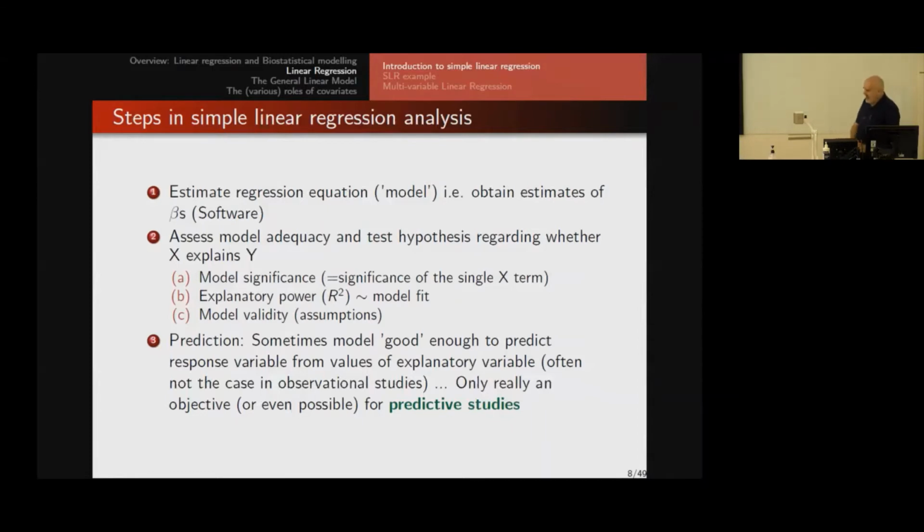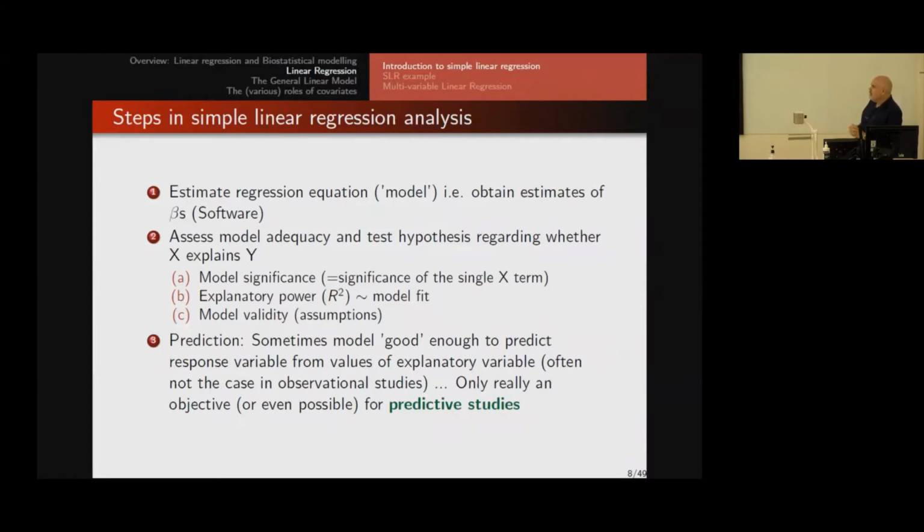The last step, and I would say in clinical applications, this is not that common unless you're doing a very specific study type, which is a prediction study. Okay, so on some occasions our model is so good that we can actually predict values of our y variable, our outcome variable, using values of our explanatory variable.